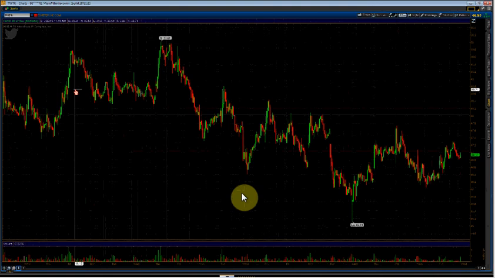Is that still worth maybe altering the system for that one stock? Yeah, I would say. But see, how are you going to find out those things? How are you going to find it out?